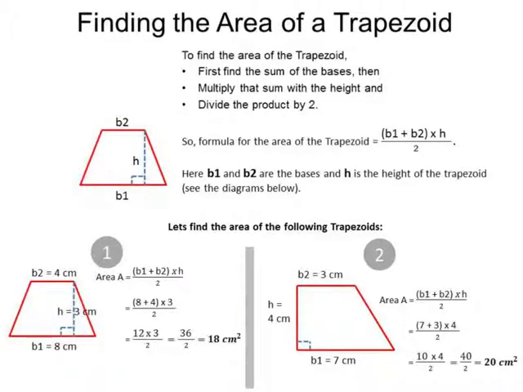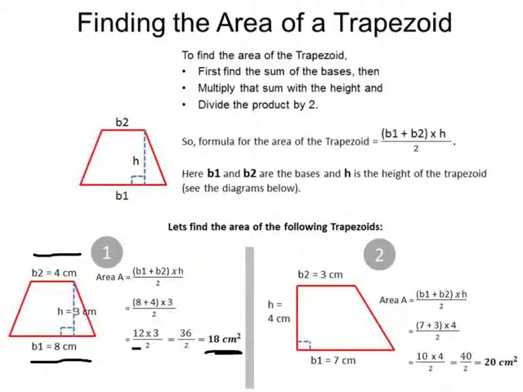Alright, and like we said, for finding the area of a trapezoid, you're going to take the two bases, base 1 and base 2. You can add those two bases together, 8 plus 4, see right there, they got 12, times the height of 3, which is 36, and then you divide that by 2, and in this particular one, you get 18.